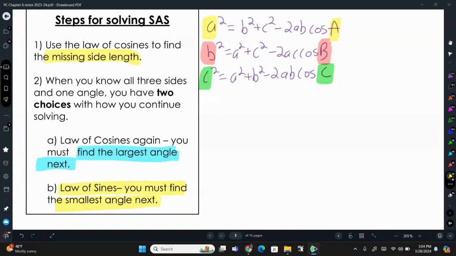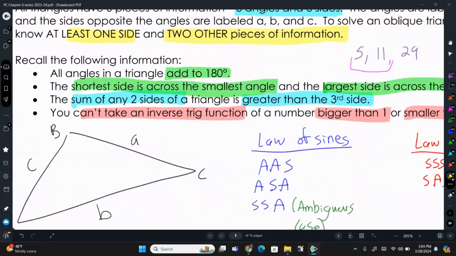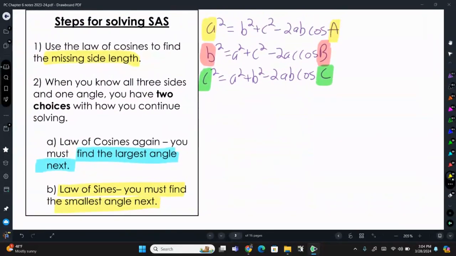We say, well, how do I know it's the smallest angle? Well, it goes back to up here. The shortest side is across from the smallest angle. So that's how you can make sure you're finding the smallest angle next. And the reason you want to do that is because when you take the inverse sine, because sine is positive in quadrants 1 and 2, you could get 30 degrees or you could get 150 degrees, and one of those may not make sense given your triangle.